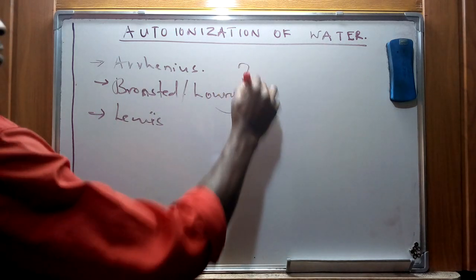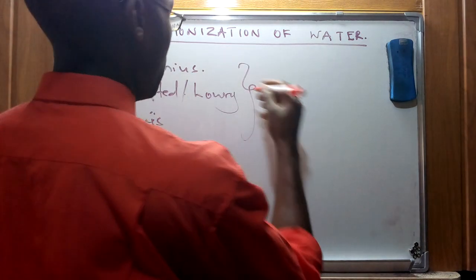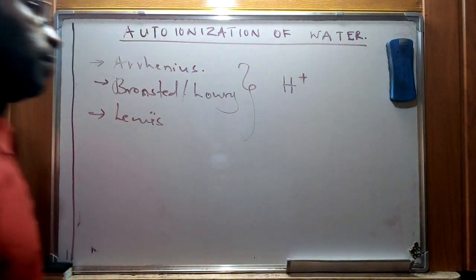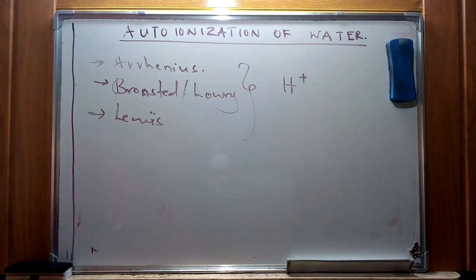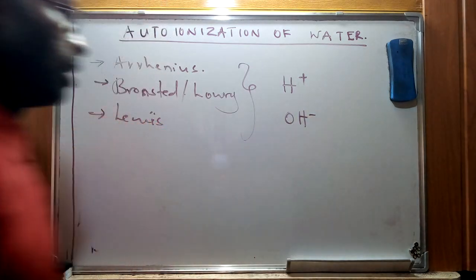From these definitions, we had a variation of how these individuals looked at substances as either acids or bases, and across them we found there was a heavy emphasis on the proton, either as an acceptor or a donor, and then a comparison of that with the hydroxide ion.